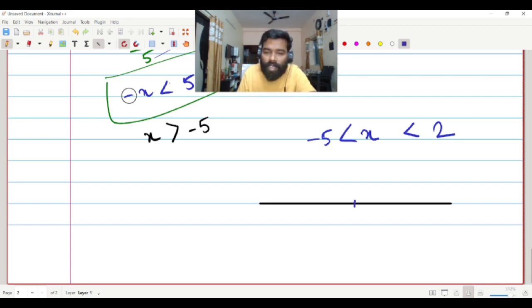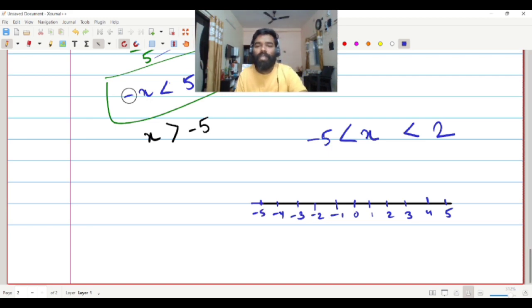I'll write this as 0, 1, 2, 3, 4, 5, and this side minus 1, minus 2, minus 3, minus 4, minus 5. Okay, so next is how to plot this on the number line. That is the question. So it's simple.